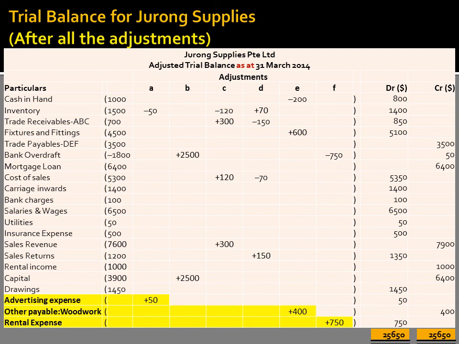If our total debits equal total credits, there is a high chance that the recording process is done accurately and there is no arithmetic error or computation error involved. Remember, it's just a high chance. This does not mean that the trial balance is free of error or the recording process is free of error. The recording process could still contain some errors, which you will learn in greater detail in chapter 17, correction of errors. But for now, this is accurate.